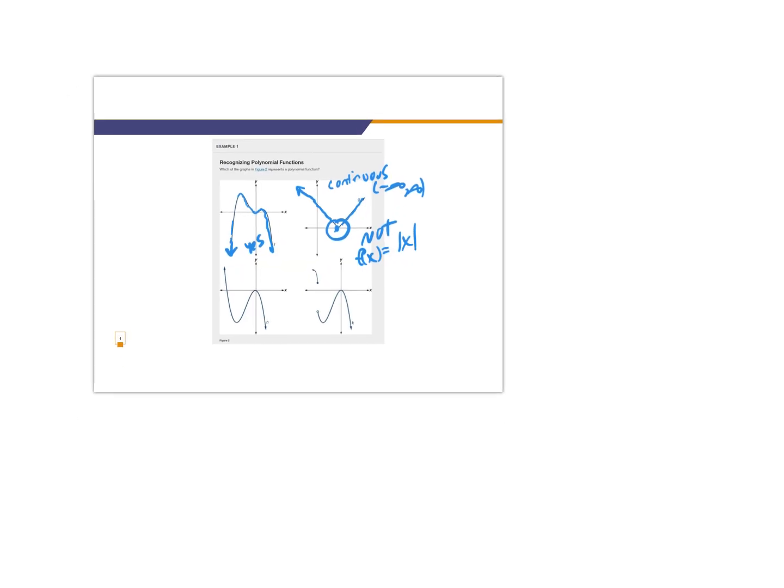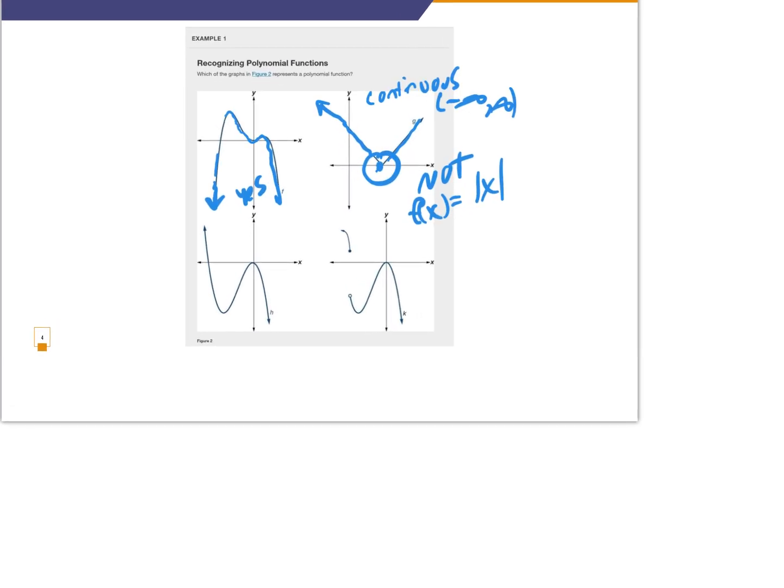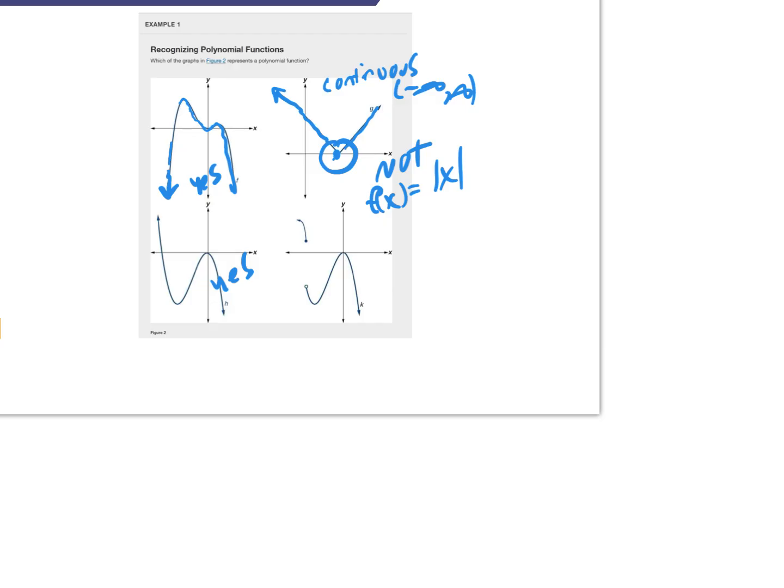What do you think about this third picture in the bottom corner here? You're right. It is a polynomial. I don't see anything wrong. Look at the last picture. It's not a polynomial. It could be considered a piece of a polynomial, but it's broken.